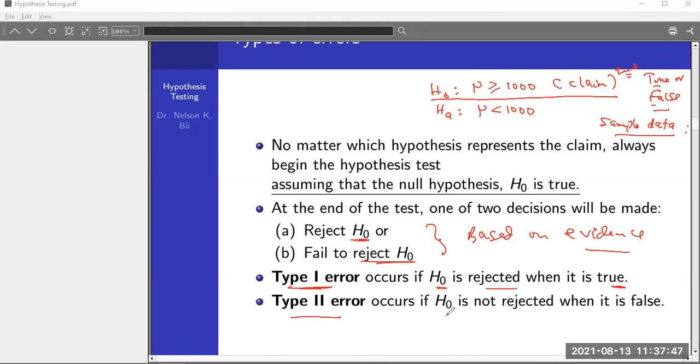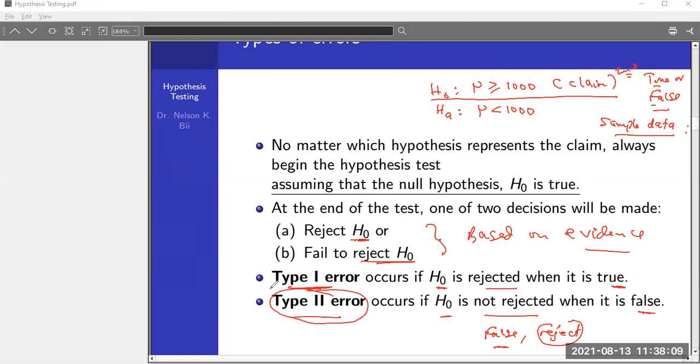Type 2 error occurs if the null hypothesis is not rejected when it is false. So when the null hypothesis is false, then you should reject. But if you fail to reject and it is false, then it means you are making an error. That error is called type 2 error.